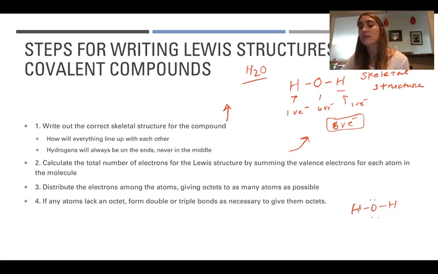Oxygen has its octet, and each hydrogen has its duet. So this is happy. And then if any atoms lack an octet, form double or triple bonds as necessary to give them octets. So if something didn't have an octet or a duet, give it a double or triple bond and make it stable.